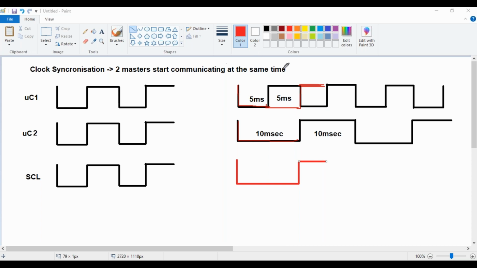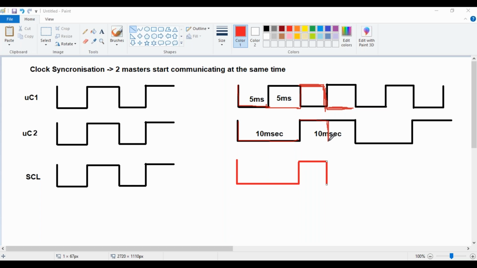Microcontroller 1 always generates the signal for 5 milliseconds only. After 5 milliseconds, it pulls the line low. So what you see at the clock pulse is a low signal. Microcontroller 2 also pulls the line low because of microcontroller 1.